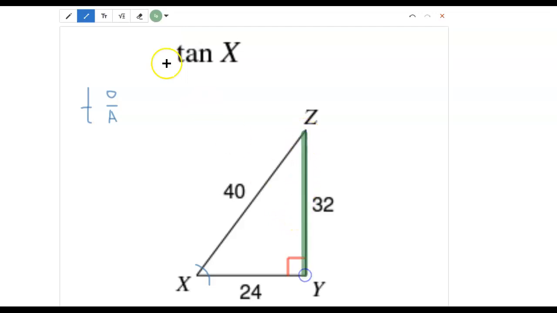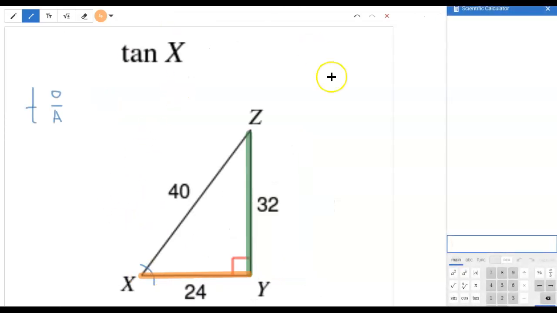So we want 32. And then we want the adjacent, so not the hypotenuse, but the one next to the referenced angle, which is x. When we open up our calculator, we're going to say 32 divided by 24.